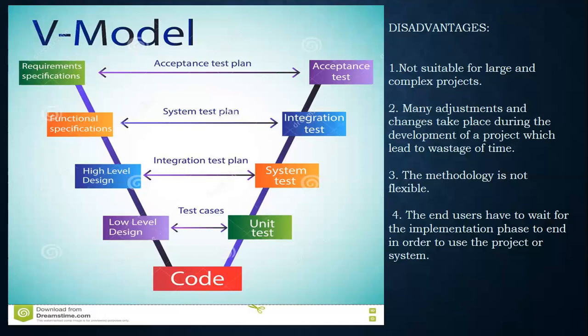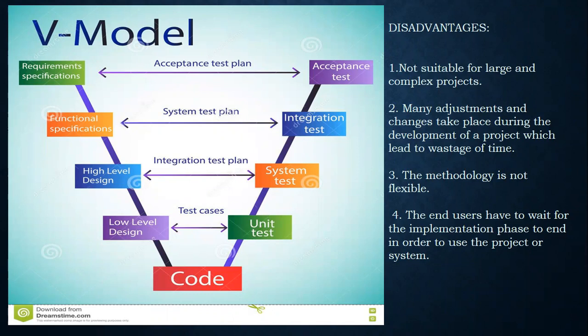If any code changes happen, the whole methodology, I mean the whole criteria, will change. From the end user perspective, we have to wait till the implementation phase, in order. For example, he should wait for acceptance test, once it's done, then integration, then system, then unit, and then code. So everything depends on one another.